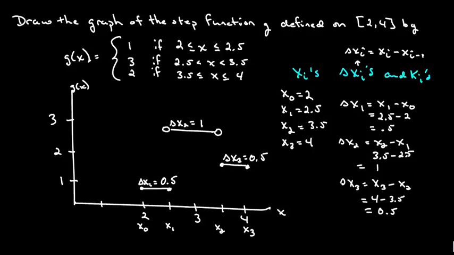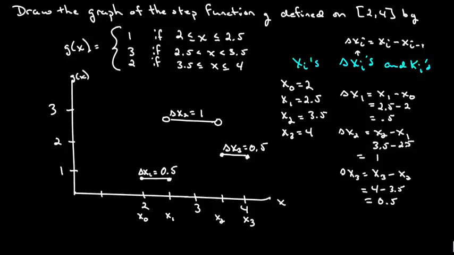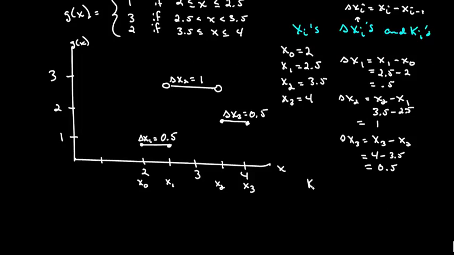Okay, so now our ki's. Well, ki is the height on the interval. That's our height on our interval delta xi.